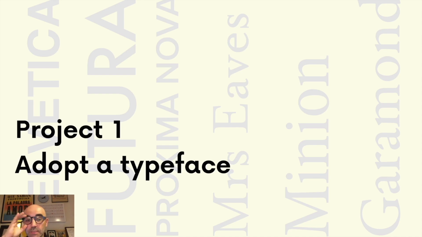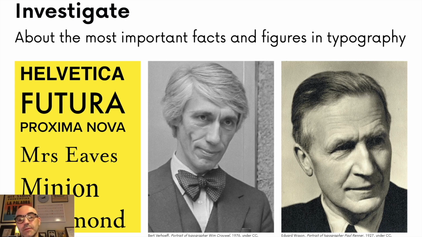The first project is called Adopt a Typeface, and it consists in every student adopting a typeface and investigating the author, its origin, and its form. And for at least a quarter, the student's coursework is created using that typeface. This way, the students get to know a specific typeface in depth, and its semantic and graphic possibilities, right?